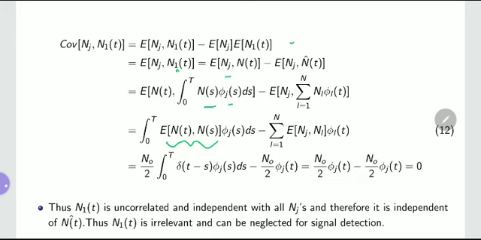That is, n cap of t is a projection of our noise on our n-dimensional signal space. So this gives a very nice framework for developing our optimal receiver. So this n1 of t doesn't have any relevance, and therefore it can be neglected. N1 of t is independent of our signal sk of t, as well as of the noise projection n cap of t.